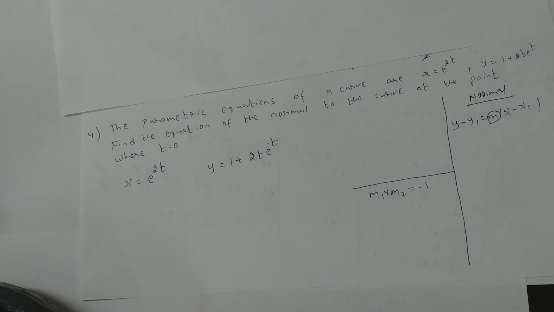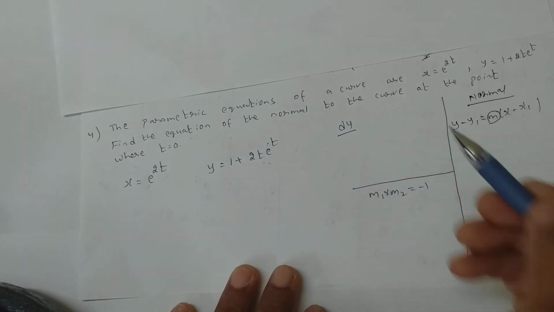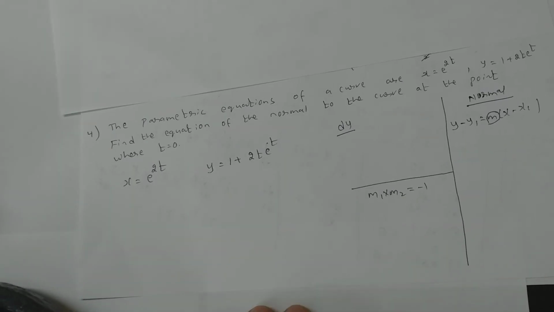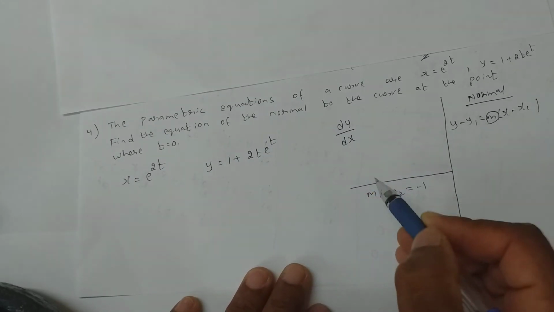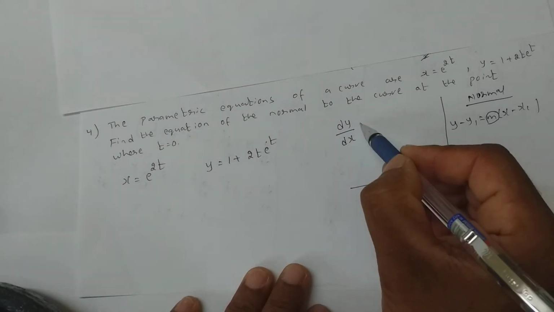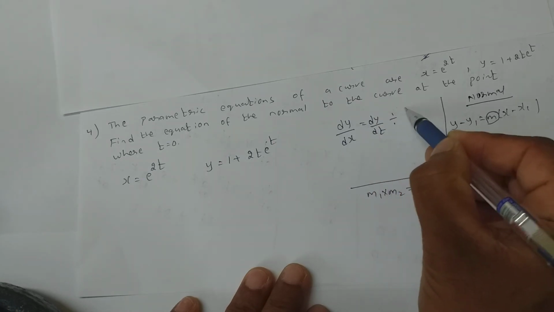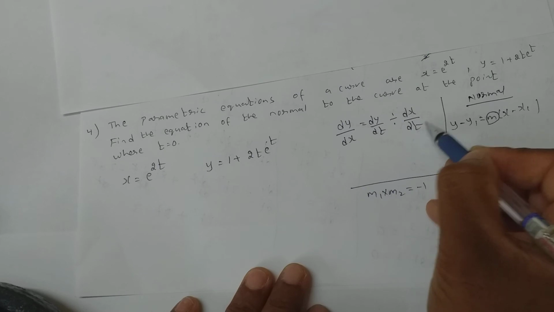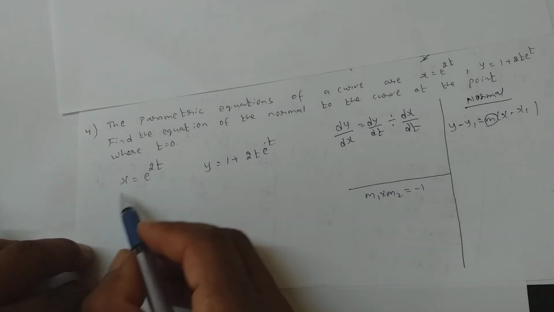Now how do you get the tangent slope? Tangent slope is nothing but dy by dx. That is equal to, in terms of t, dy by dt divided by dx by dt. Now first get dx by dt.